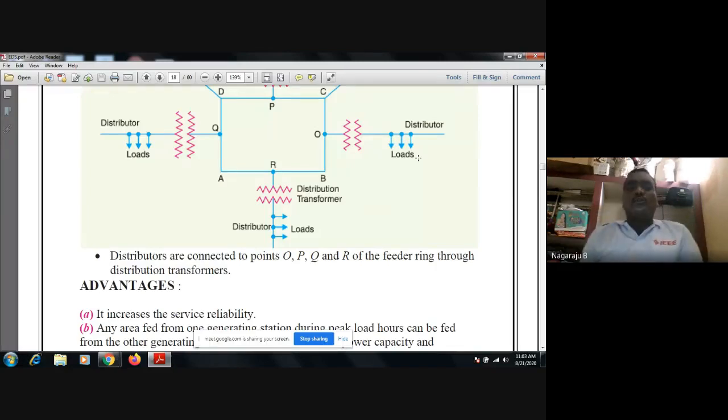The advantages are, it increases the service reliability. See, a week back we had heavy rains in Warangal. There were affected areas with some interruption because of damage to the substations.